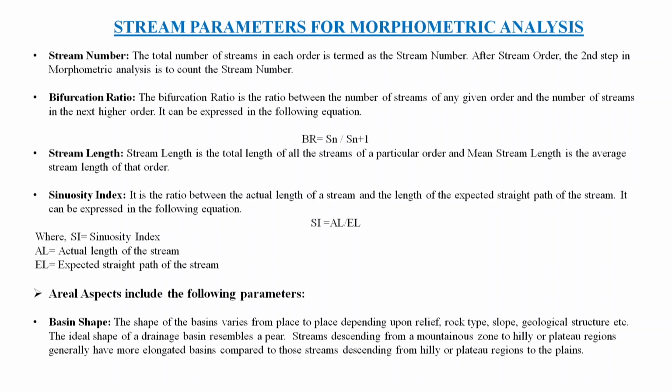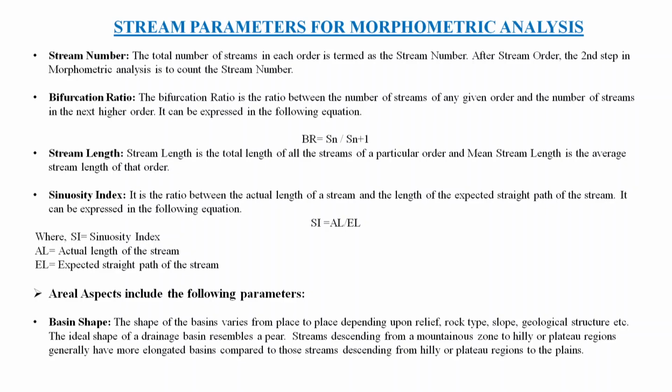It can be expressed by the following equation: bifurcation ratio is equal to the number of streams Nu divided by the number of streams Nu plus 1, because you are considering the next order. So, there has to be an increase in order.